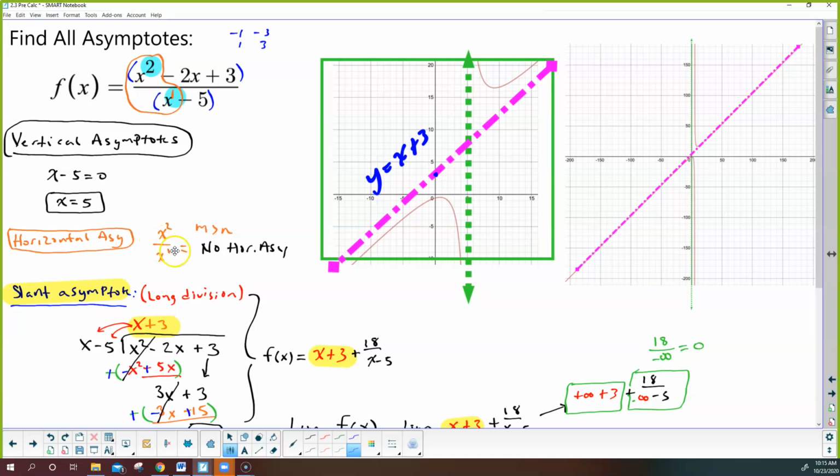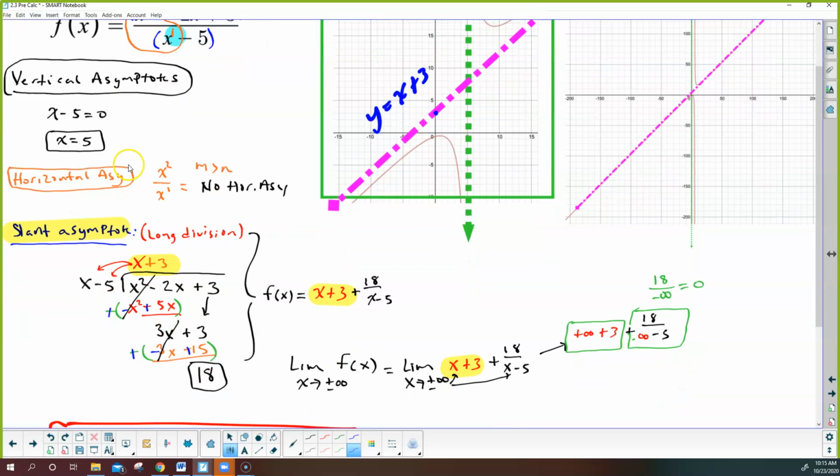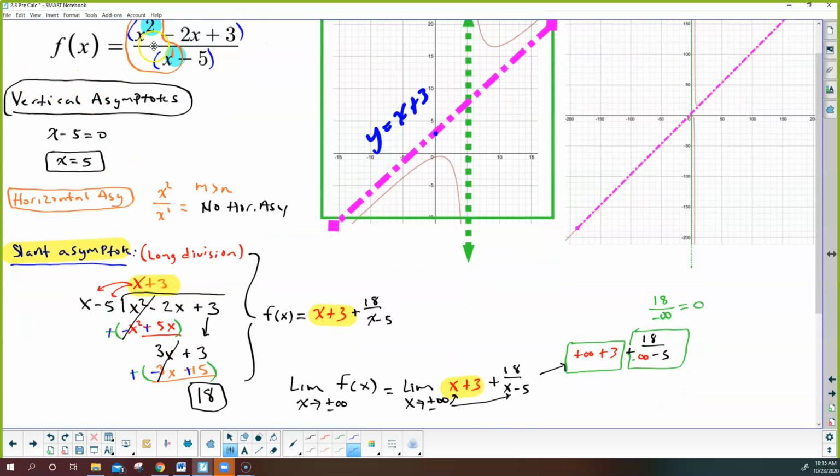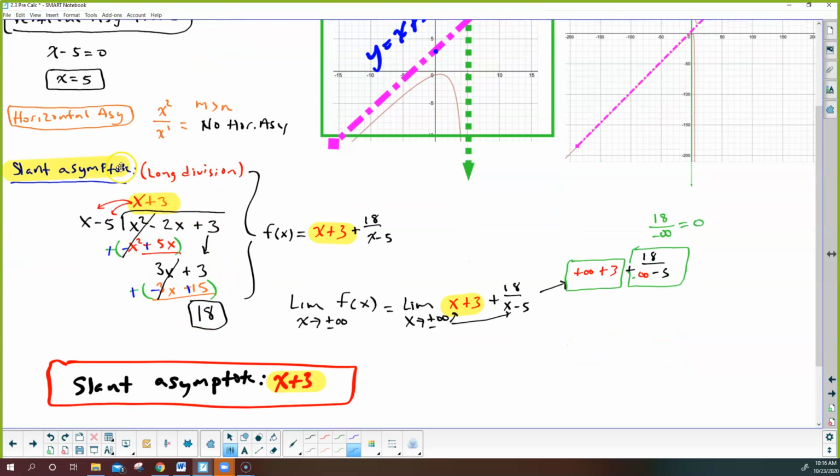So those are the steps we're going to take today. First, find the vertical asymptote: you set the numerator equal to 0, denominator equal to 0, but you have to check for factors. We're going to check to see if there's a horizontal asymptote by comparing the degrees. If the top degree is bigger than the bottom, then we have to move to a slant asymptote, and our work is the long division.